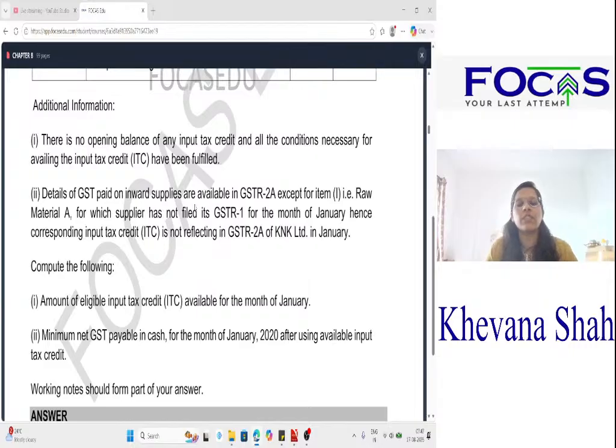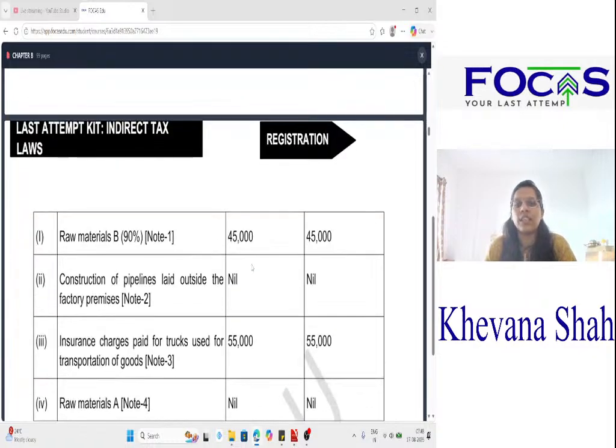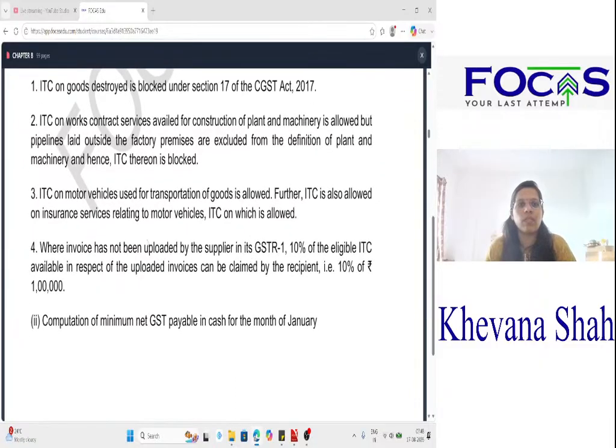Details of GST paid on inward supplies are available in GSTR 2A except for raw material A. So apart from raw material A, for every other item the GST invoices are properly filed in your GSTR 1, and they are also reflecting in your GSTR 2A. Now we have this one provision which says that where an invoice has not been uploaded by the supplier in GSTR 1, then 10% of the eligible ITC available in respect of the uploaded invoices can be claimed by the recipient.